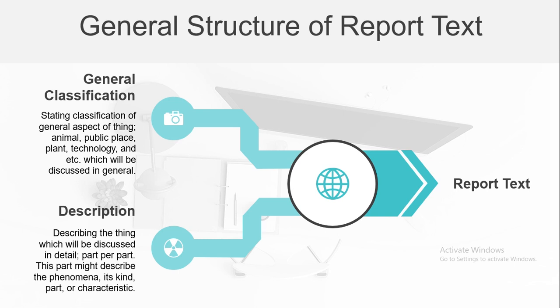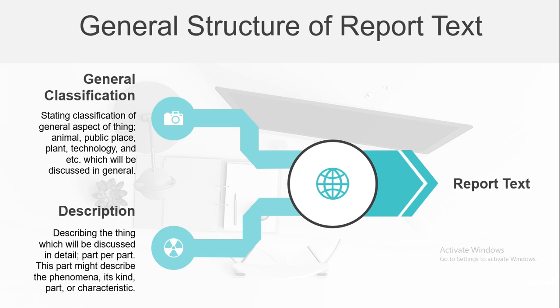Okay, so in general classification, what will you find there? You will find the classifications of the general aspect, maybe it can be a thing, animal, public place, a plant, technology, and etc. Yeah, for example, if you want to make a report text about sociology, maybe on culture, you can make the title as culture, and then you define what culture is and what the function of culture is, why people have to have a culture and such.